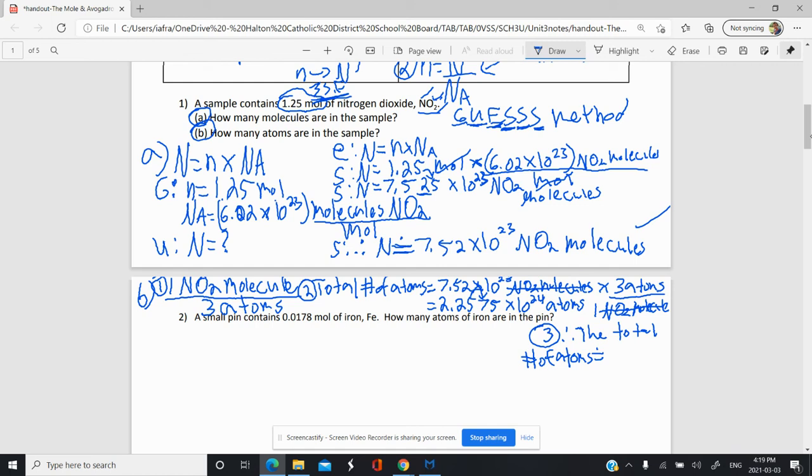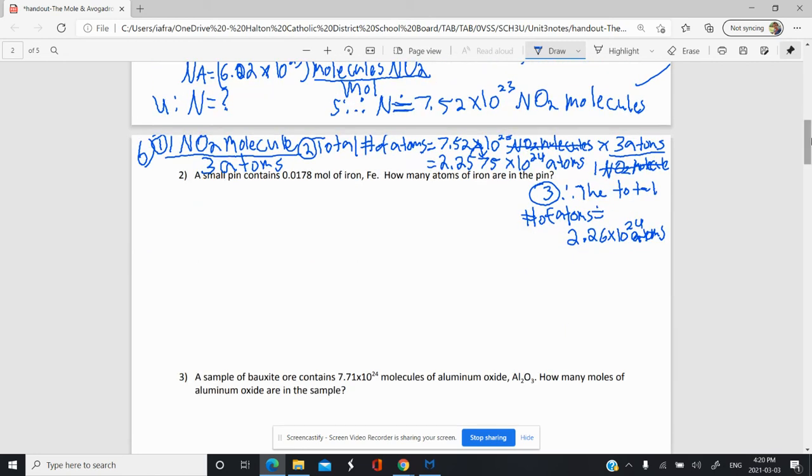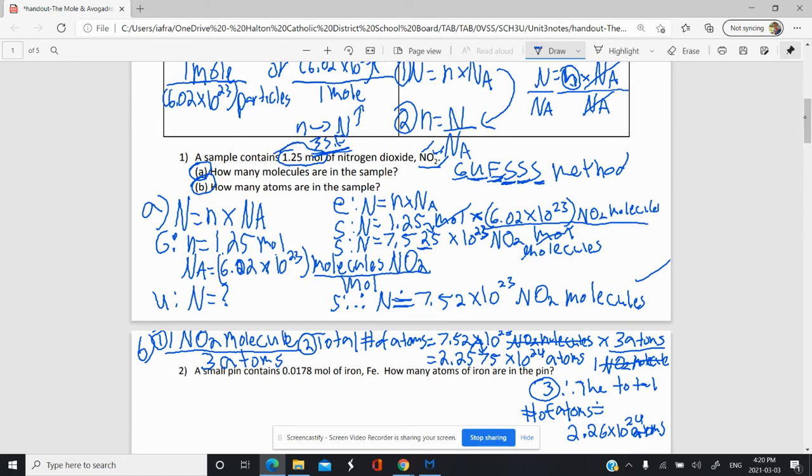So it's about 2.26 times 10 to the power of 24 atoms. And so that there would be my final answer in the therefore statement to the proper number of sig figs, which is what's in the original question here.